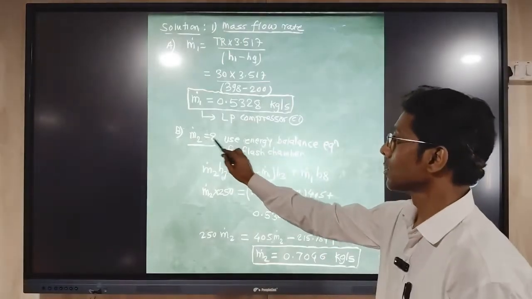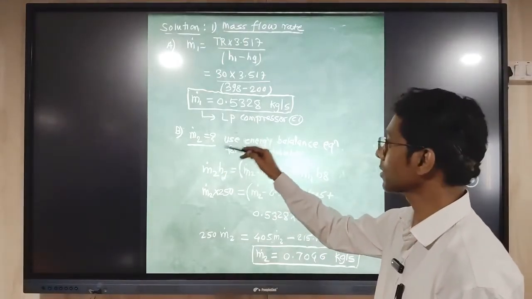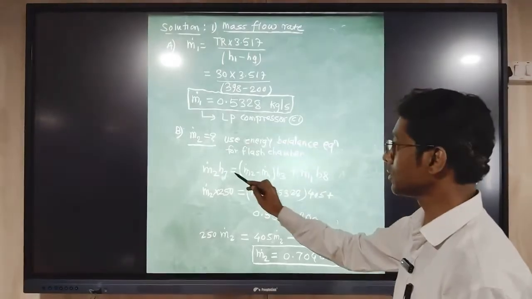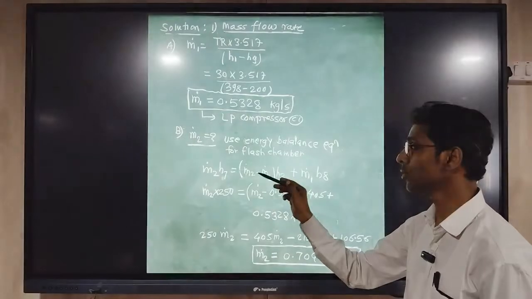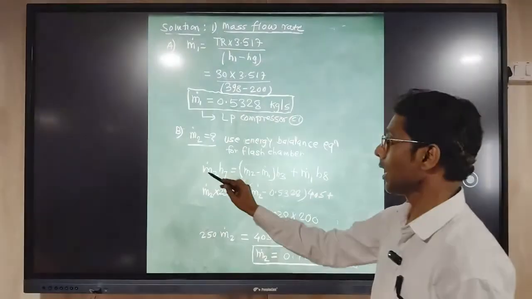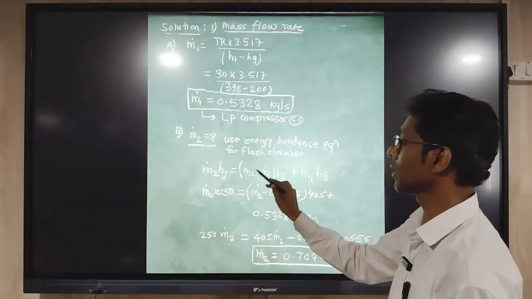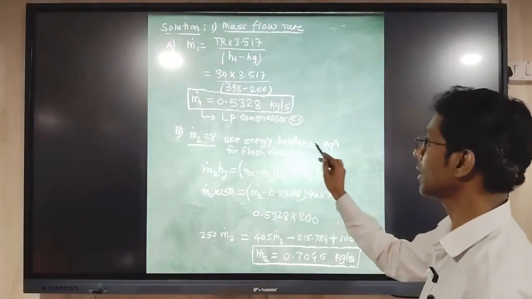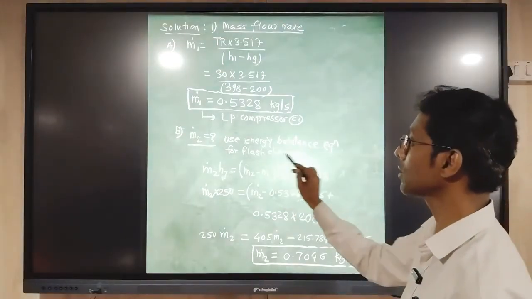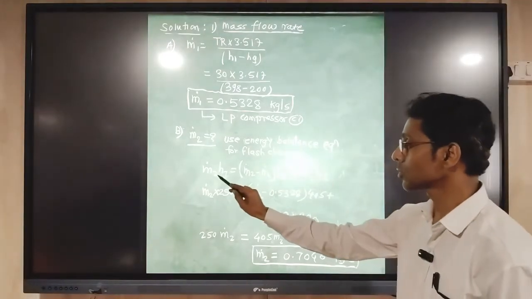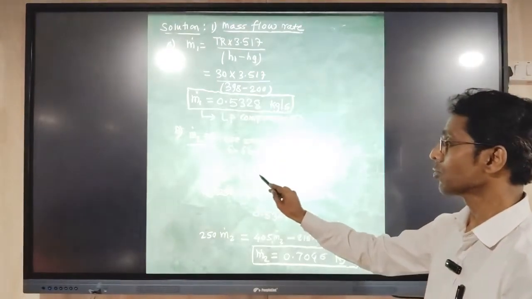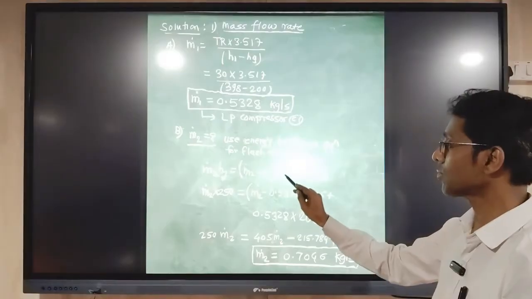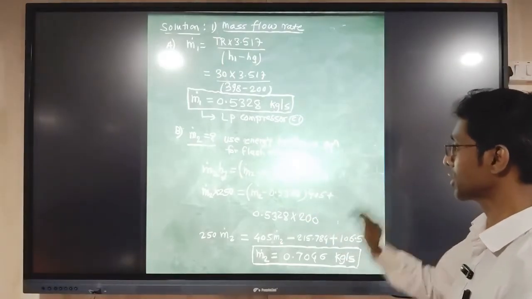Then for the mass flow rate in the high pressure compressor, that is compressor number 2, this is a formula that we have already seen in the theory video. We write this formula using the energy balance equation at the flash chamber: M2 dot H7 is equal to (M2 dot minus M1 dot) times H3 plus M1 dot into H8.